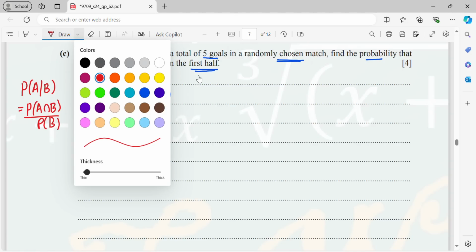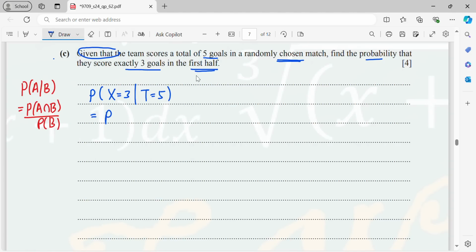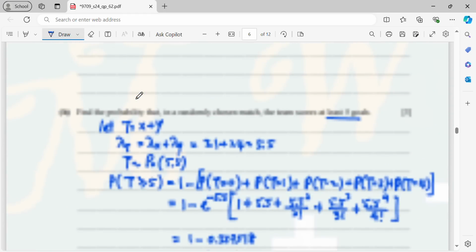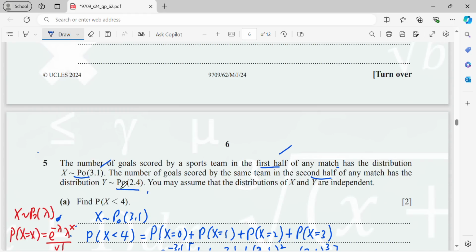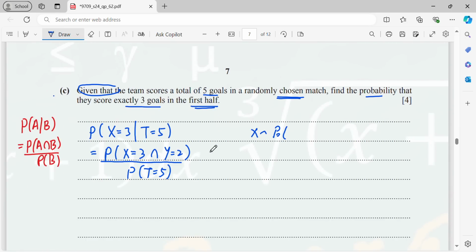So from here, this is basically P(x equals 3 intersect T equals 5), meaning total is 5. That means now, if your x equals 3 then y must be 2, so that the total is 5, over P(T equals 5). So remember, just now your x is Poisson distributed with 3.1 and y is 2.4.